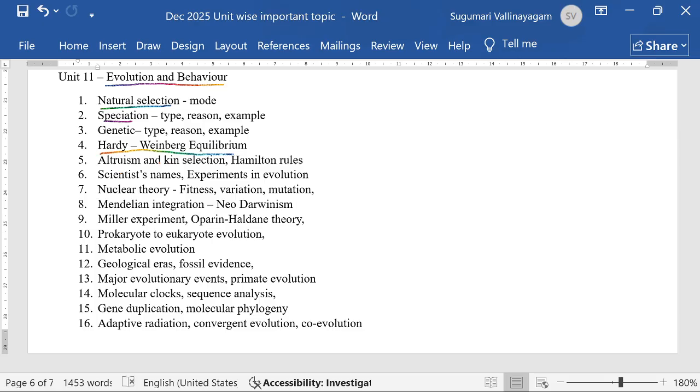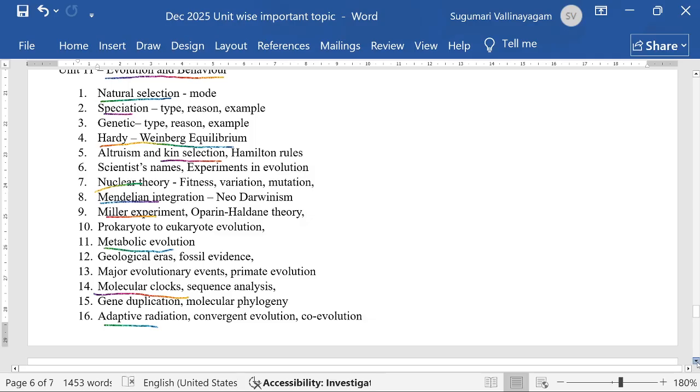Kin selection is a most important topic, and then nuclear theory, Mendelian inheritance, Miller experiment, metabolic evolution, and molecular clock theory, sequence analysis, and adaptive radiations you should study.